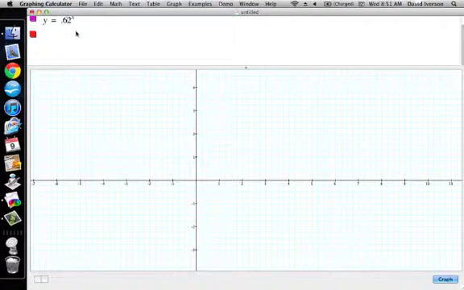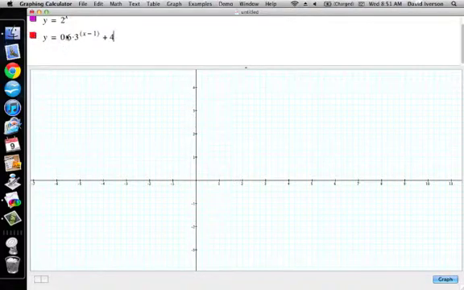Y equals 0.6 times 2 times 3 to the x minus 1 plus 4.